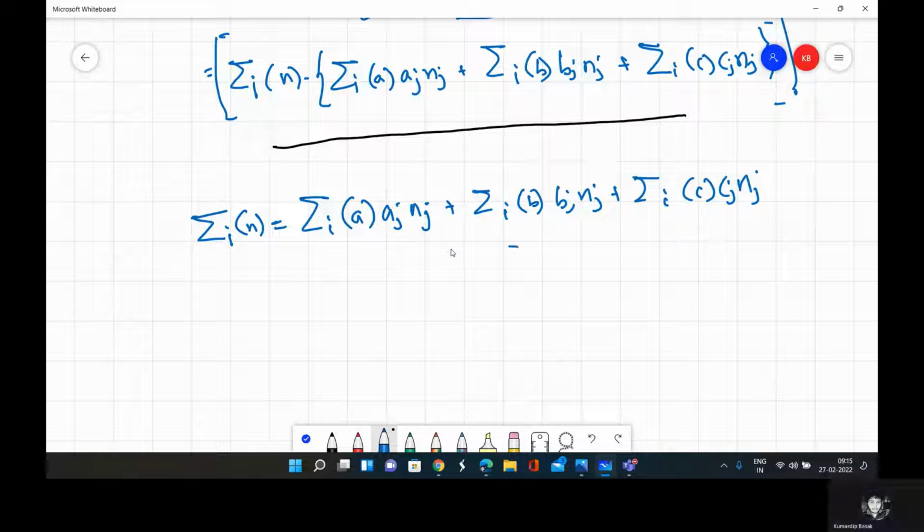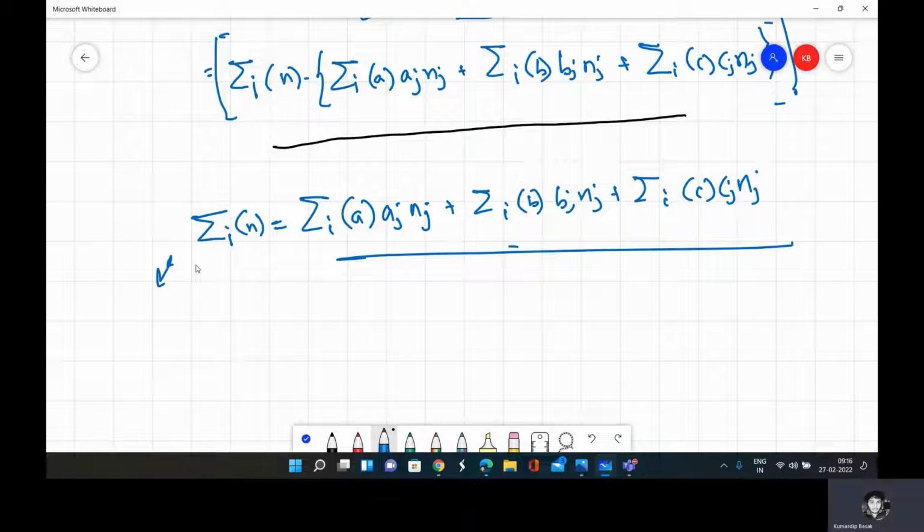Okay, we get it like this. Now let us understand what this sigma in, the component on the left hand side, is. This is the component of stress acting on surface delta A with area normal n, and we are taking the ith component of that.